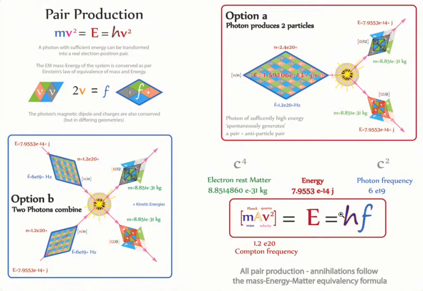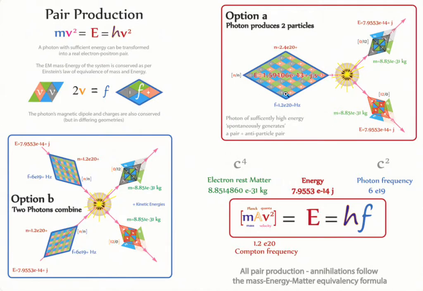Again, with sufficient quanta or photons of energy within the EM wave, we can create pair production, as it's known. We can convert two-dimensional mass energies into three-dimensional matter with kinetic energy of motion. Obviously, this can occur two ways.